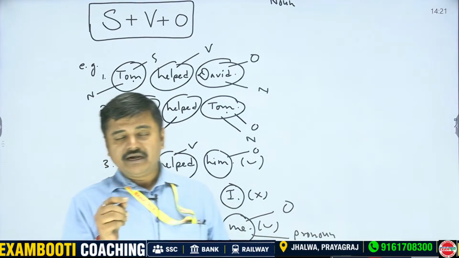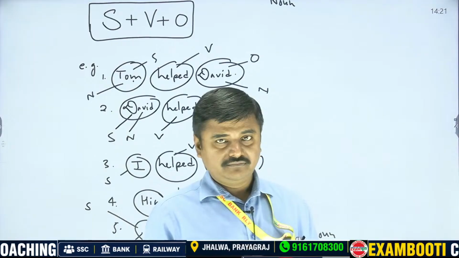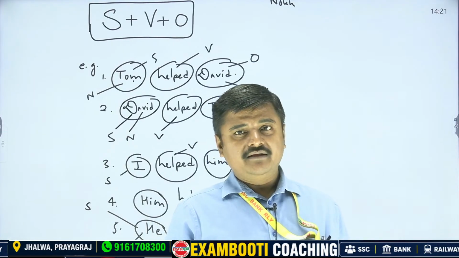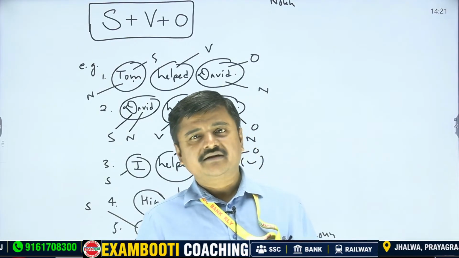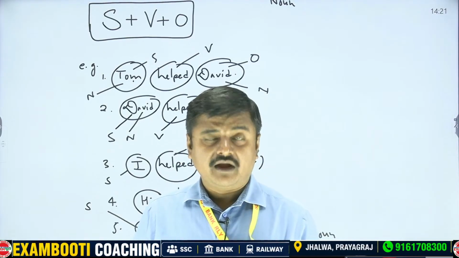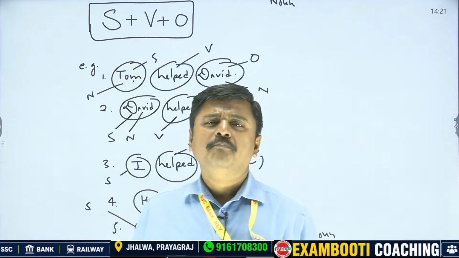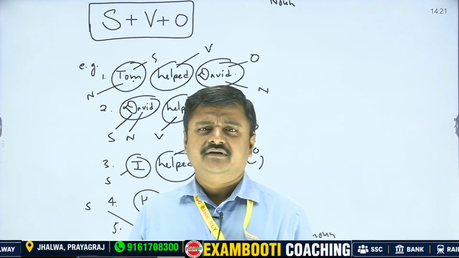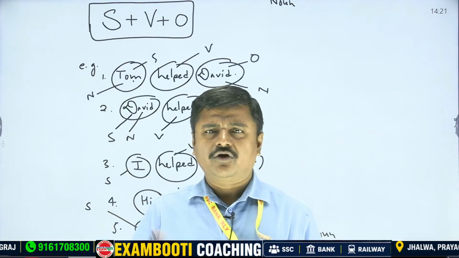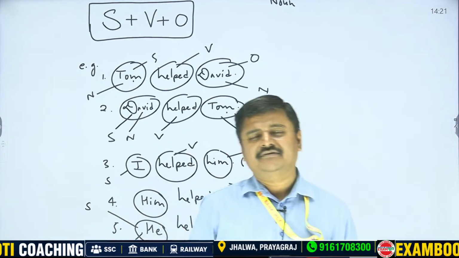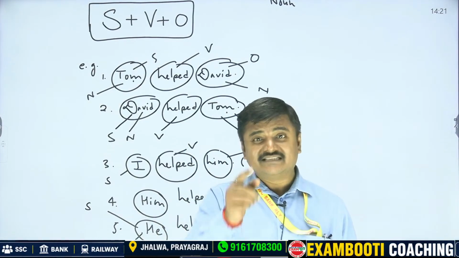So when somebody asks you, without telling the sentence, tell me Tom is subject or object, you cannot tell until you know the sentence. But if somebody asks you, me, what is me? Whether it is subject or object, you may say that it is an object. This is the difference.